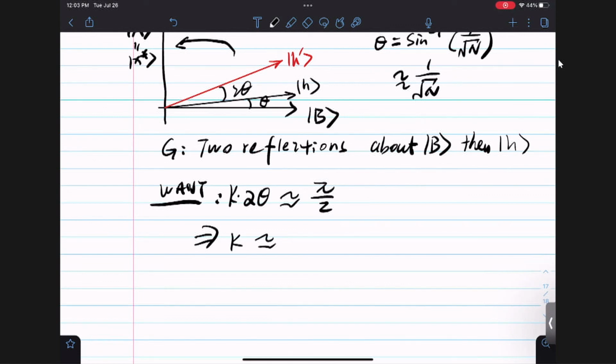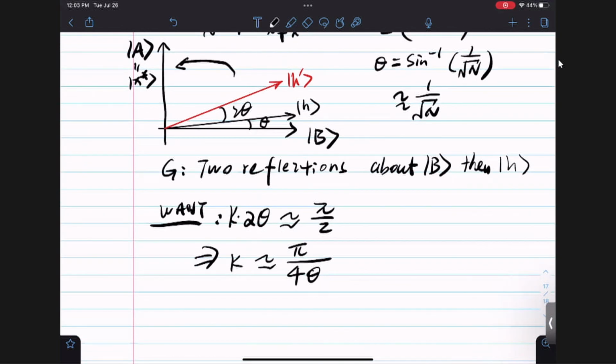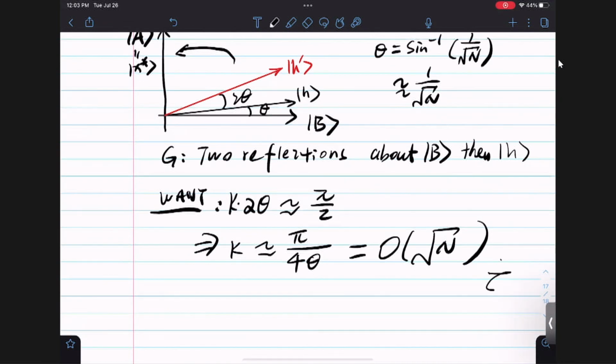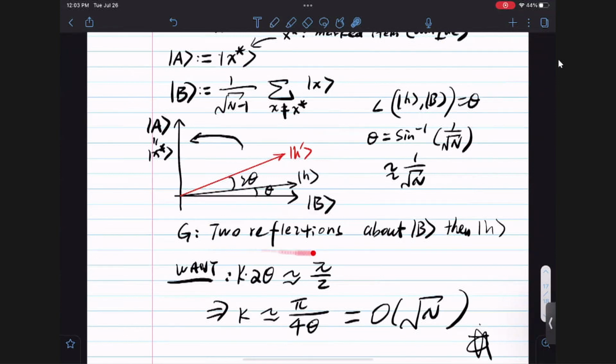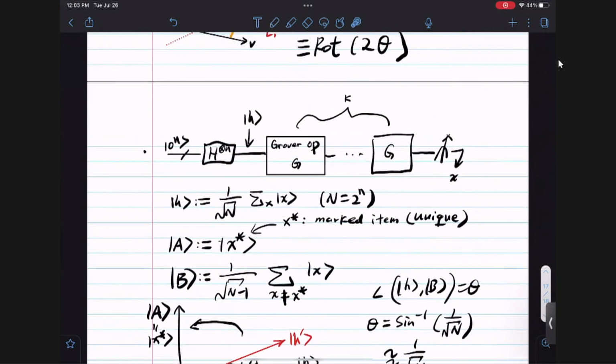Well, by simple algebra, that's going to be pi over 4 theta, and since theta is roughly 1 over square root of n, we get something like big O of square root of n. And that's Grover's algorithm.